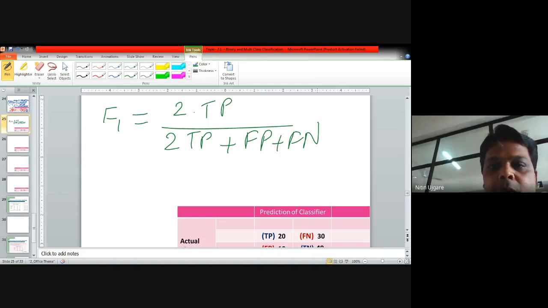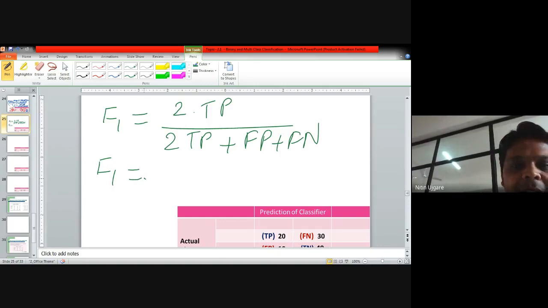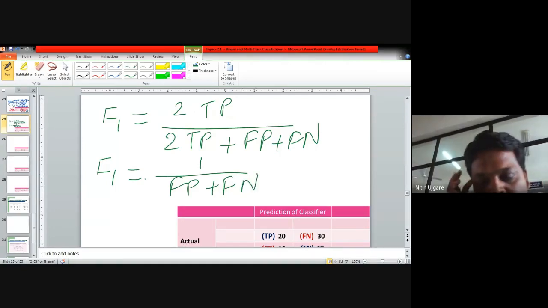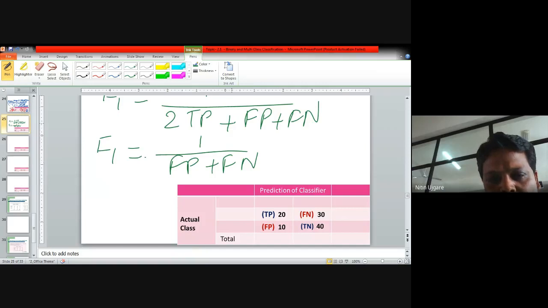If I want to calculate the F1 measure for this classifier, Fn plus Fp is 30 plus 10, which is 40, and the answer I will get is 40%.